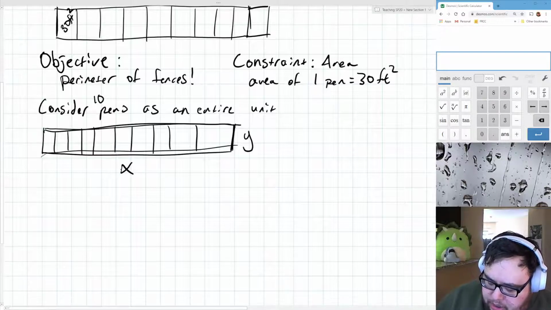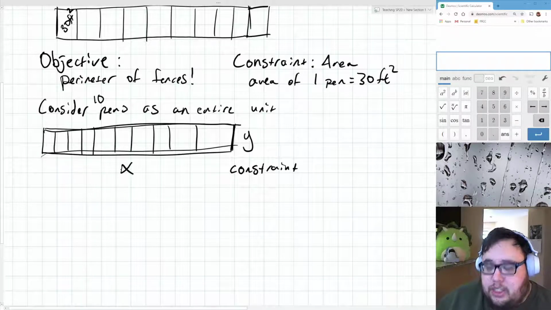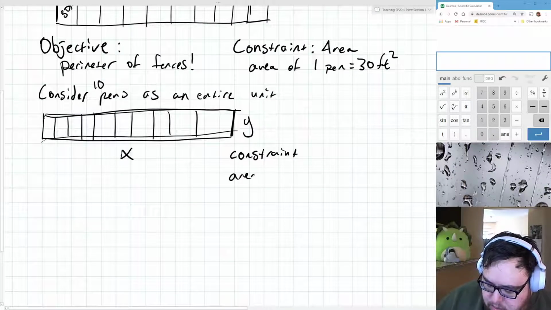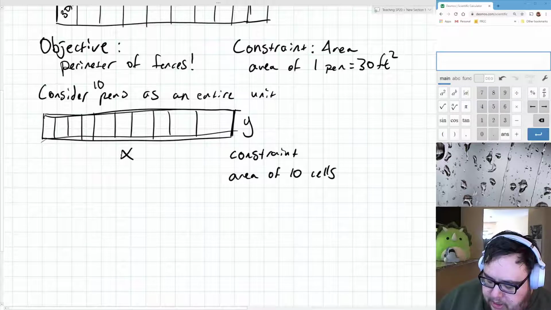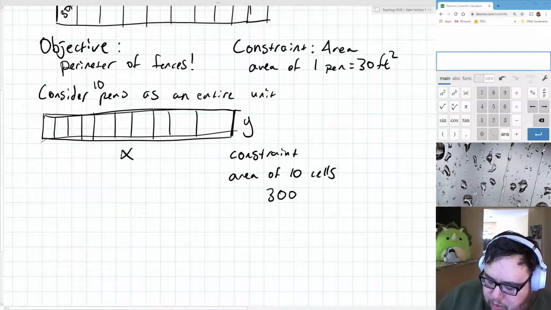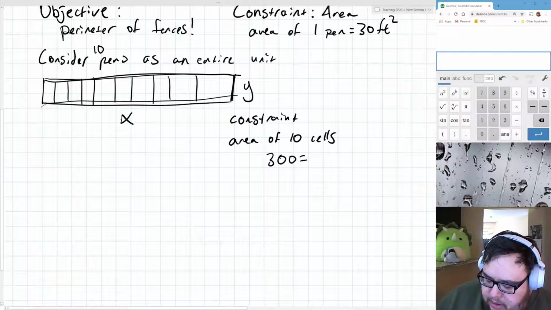So in this case, our constraint will be the area of all 10 cells together, which will be 300 square feet, right? Will be equal to the area of the entire rectangle, which is x times y.